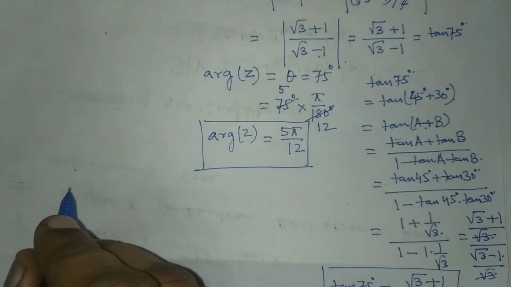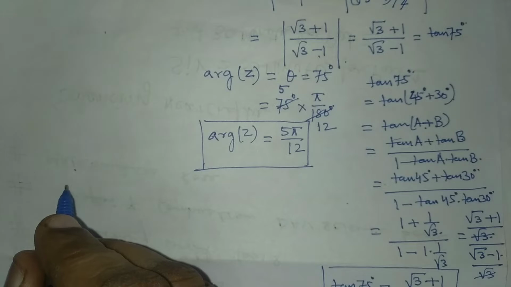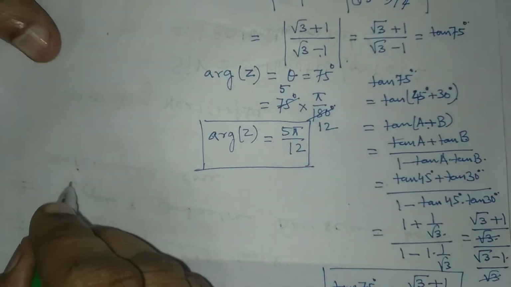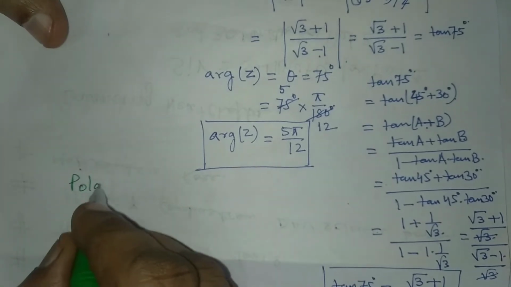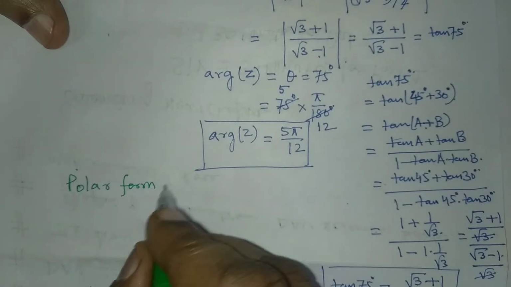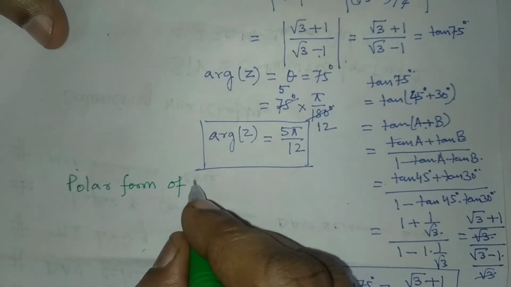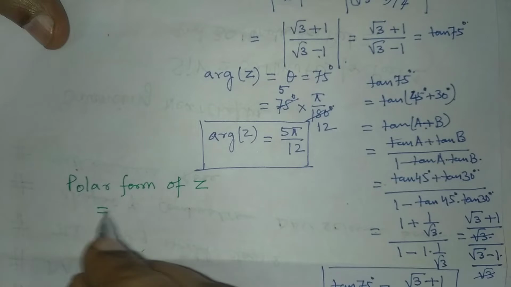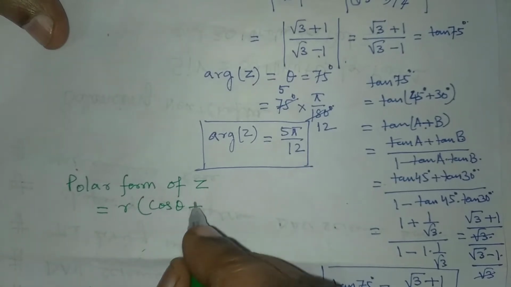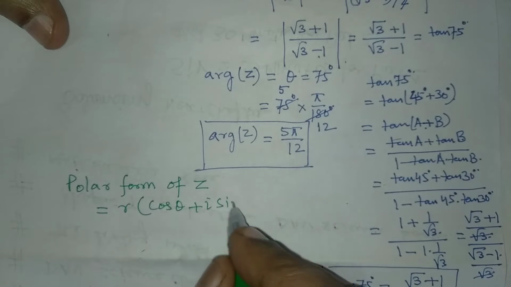So the polar form of the complex number z, we know it. I am just writing with the other pen. The polar form of z is r (cos theta plus i sin theta).